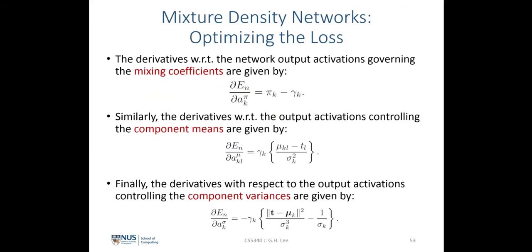After the forward propagation where we get gamma, we can then keep it fixed, or pre-computed, and we will simply partially differentiate the loss function with respect to all the learnable output parameters that we want, and backpropagate it all the way through the network. And these are the gradient terms that we will get for the respective components.